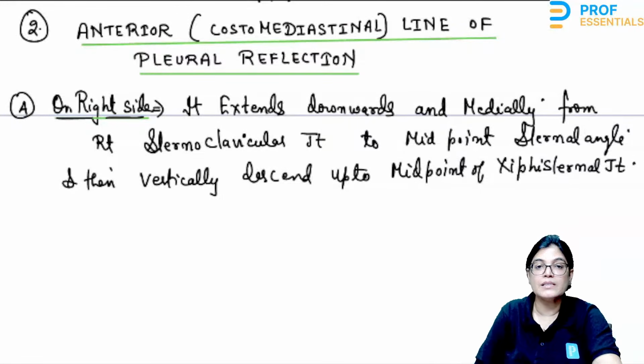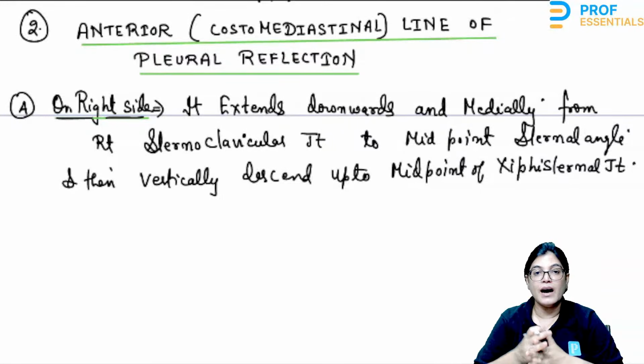Got it? So this is how we extend the costomediastinal line of pleural reflection on the right side.